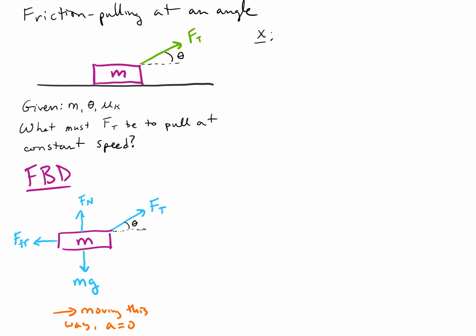In the x direction, the sum of our forces has to equal ma, but there's no acceleration, so the sum of the forces has to equal 0. So that means Ft cosine theta minus the force of friction has to equal 0.